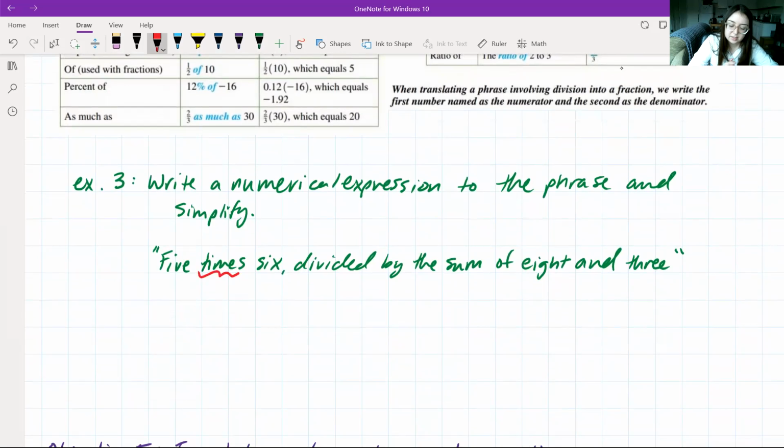5 times 6 indicates multiplication. And then we have divided by the sum of 8 and 3. Divided by is indicating division. We can also say that this indicates we can use a fraction bar.